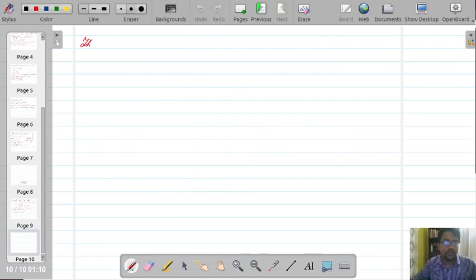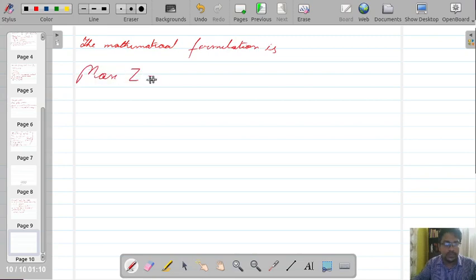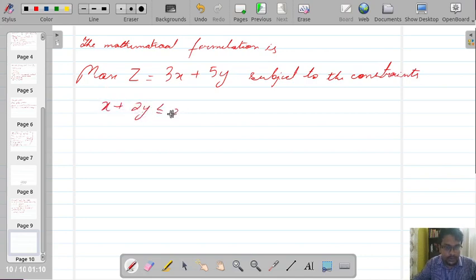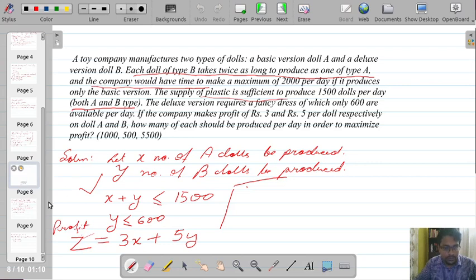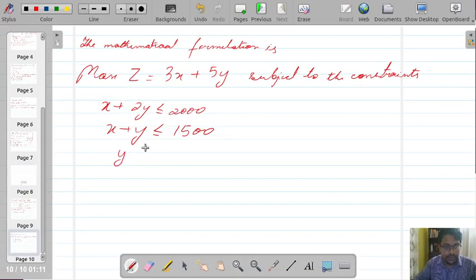So the mathematical formulation of the given problem is: maximize z equal to 3x plus 5y subject to the constraints x plus twice y is less than or equal to 2000, then x plus y is less than or equal to 1500, and another constraint: y is less than or equal to 600, together with the non-negativity constraints.